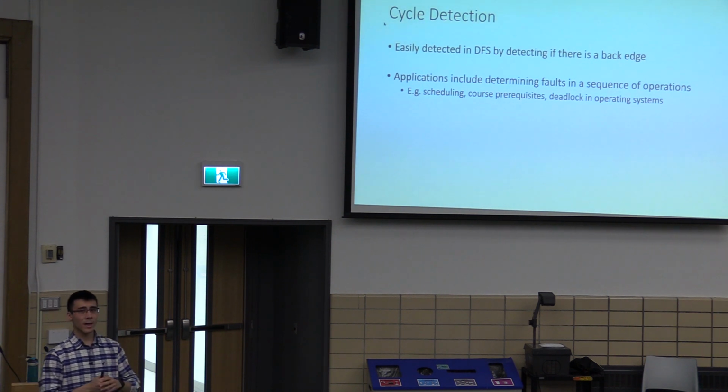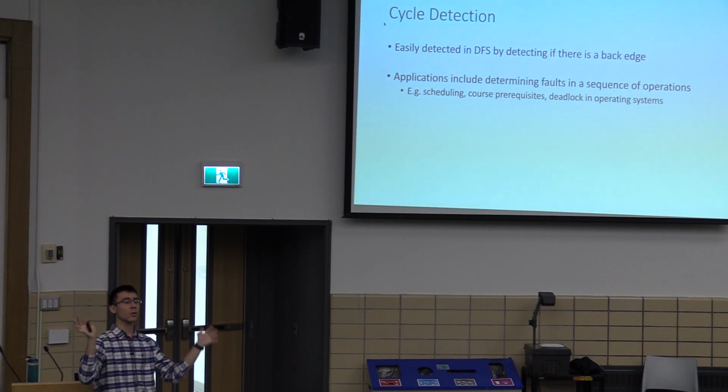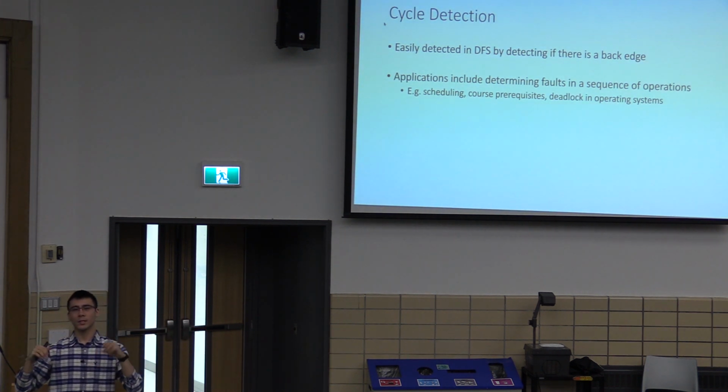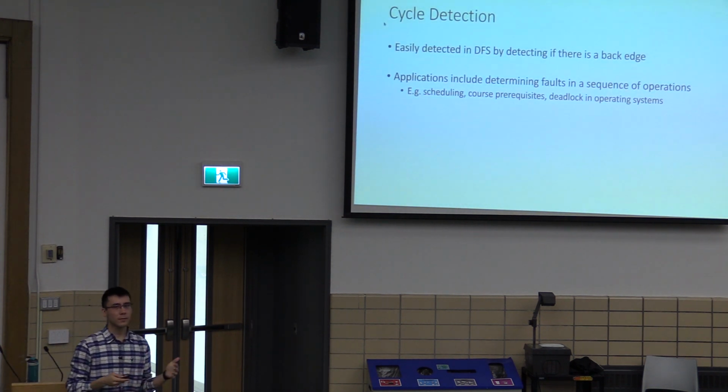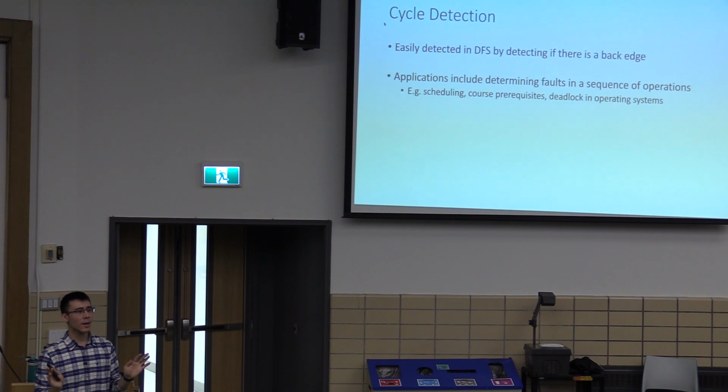Now let's suppose we have a huge graph that has all of the courses, and one is a prerequisite of the other. Then, if you want to really make sure that the courses that you're taking are okay, you can run a cycle detection algorithm here.